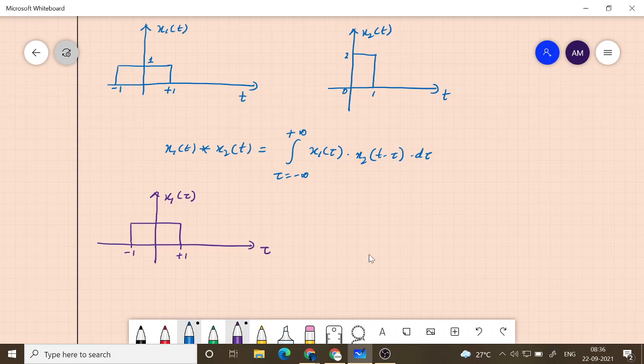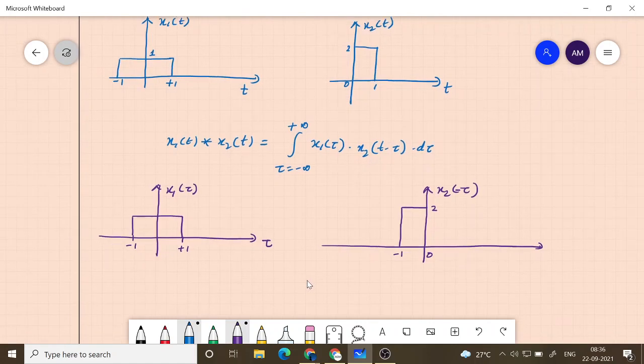If I do the flipping operation first, you have to be a little careful. For x2 of minus tau, x2 of t is given, so whatever is on the right will go to the left, and whatever is on the left will go to the right. So from -1 to 0, this is going to remain at 2. So this is x2 of minus tau.